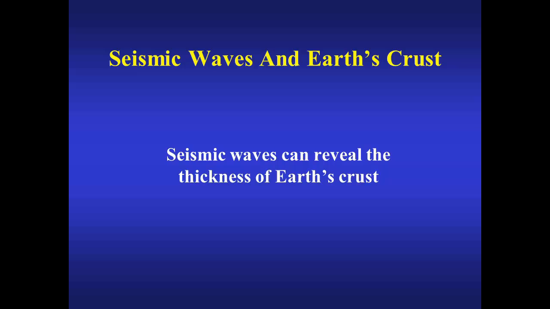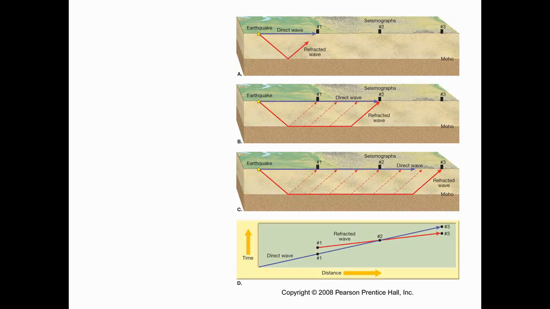Seismic waves can reveal the thickness of Earth's crust. As an example, here we have an earthquake source. If we look at this upper block diagram, we have this earthquake source indicated by this yellow star. And from there, we're going to follow two different ray paths.